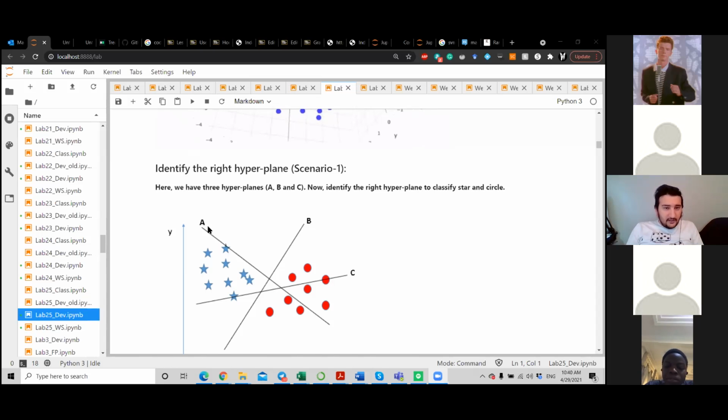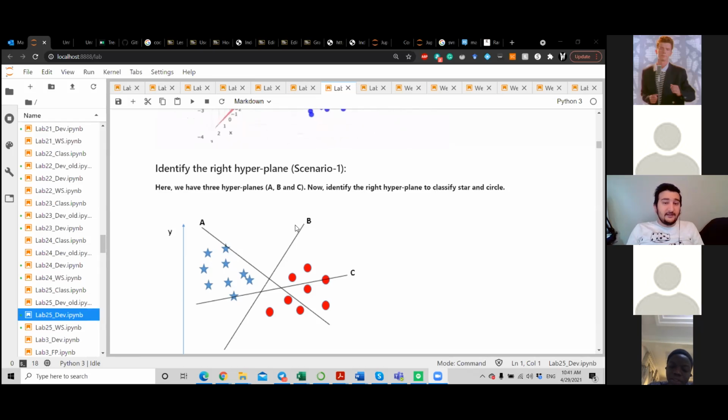So one line would be A. If we take A and say everything below A is stars, everything above A is circles, we are going to have 3 misclassifications, correct? Yes. So A is not a very good hyperplane for separating the stars and circles.